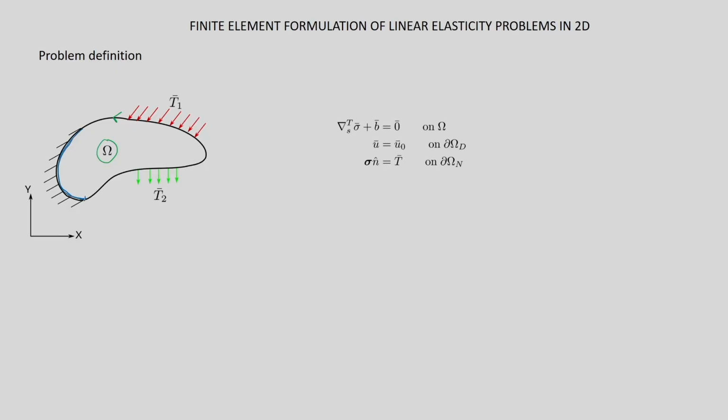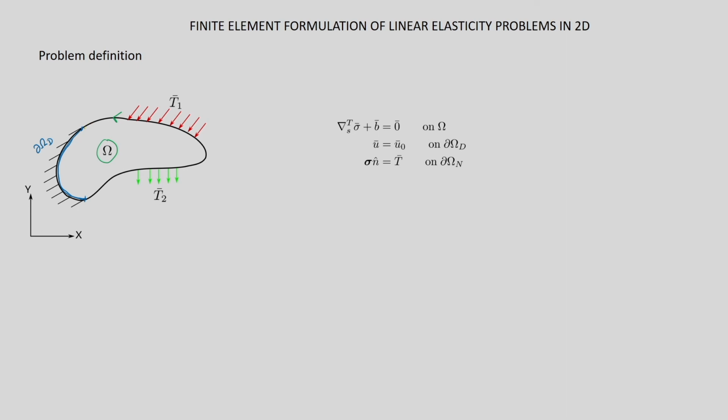So, this boundary we will term as Dirichlet boundary, because as we said earlier, here I am defining this part of the boundary as del omega d. That is basically representing the Dirichlet boundary, where the field variable, that is the displacement, is specified. In the other part of the boundary the forces are specified.